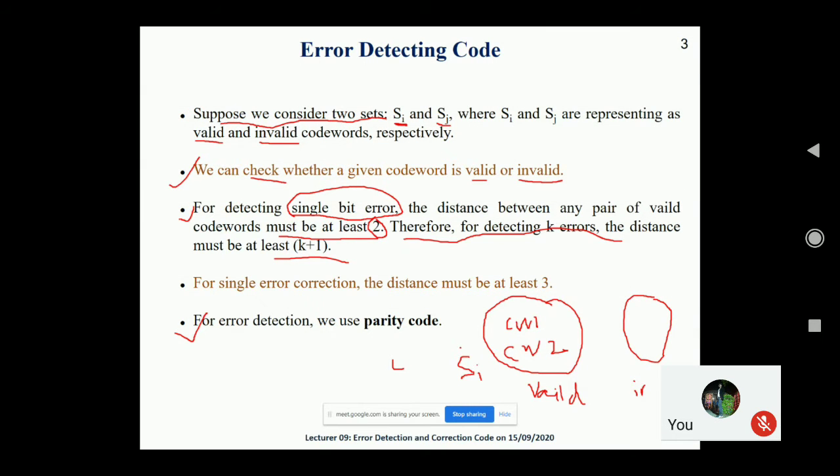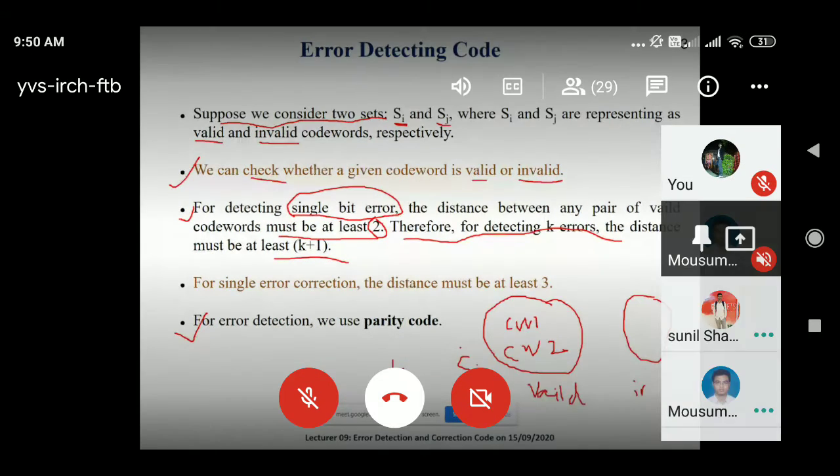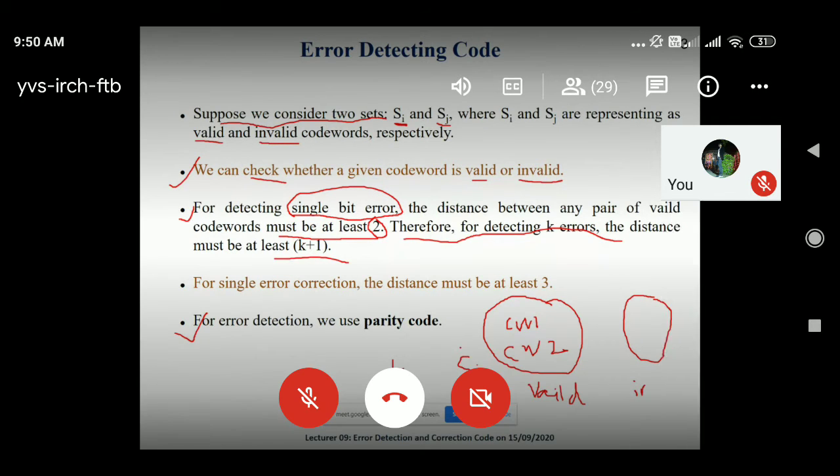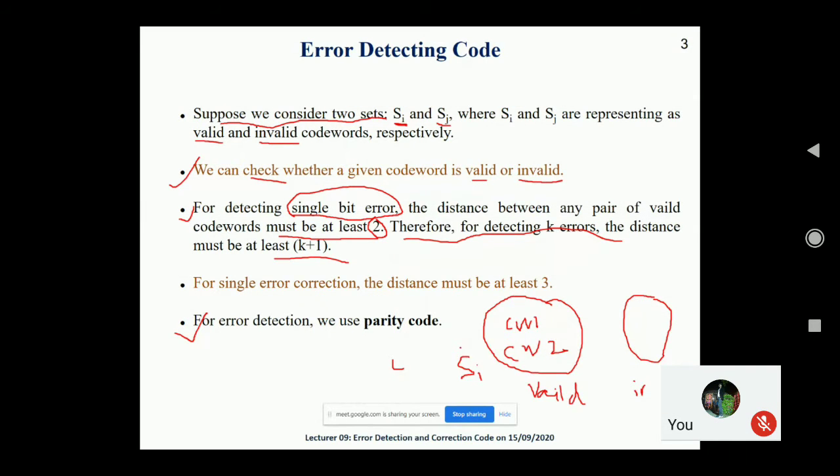Code word is nothing but a binary sequence. And when we use an extra bit, that is called an error detecting or correcting code. As I said earlier, to detect whether something in the original message is changing, we use some extra bit, called an error detecting or correcting code.